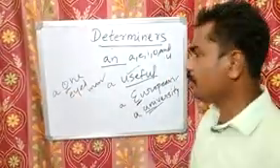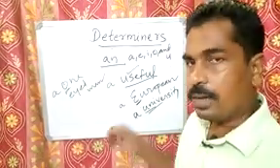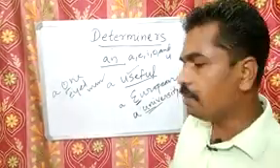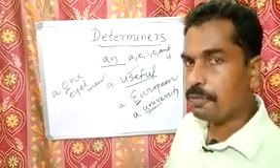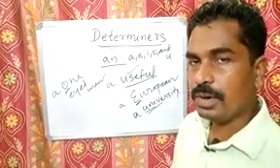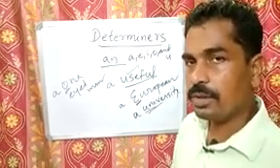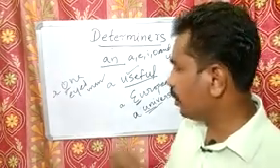So you have to be careful when you use a or an. I'll summarize: an is used if the word begins with a vowel sound. That sound part is very important. So whenever I say it begins with a vowel, you have to follow that vowel sound.